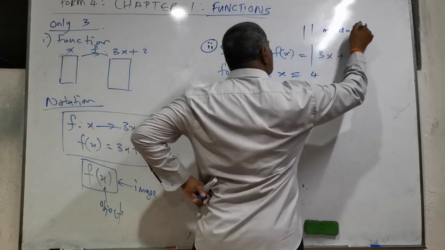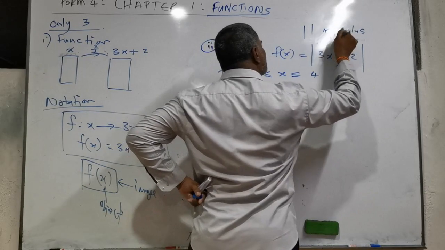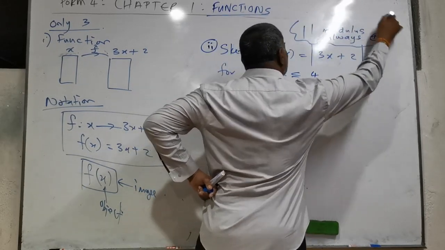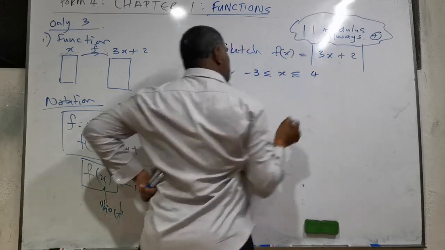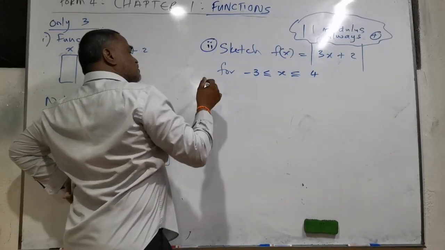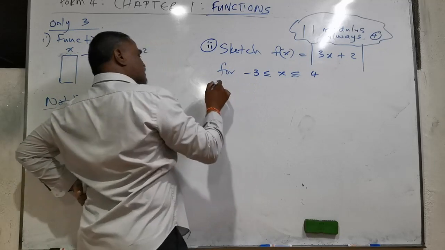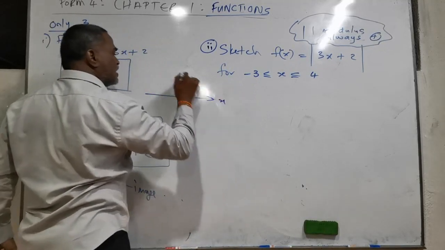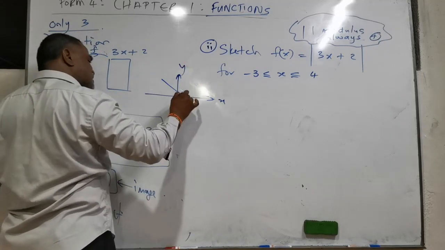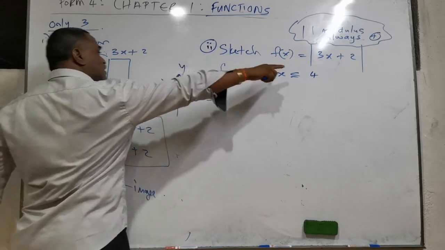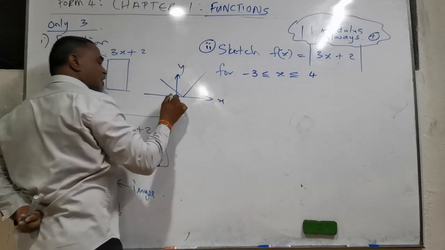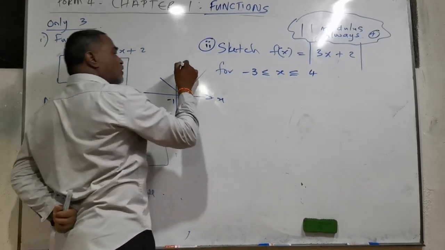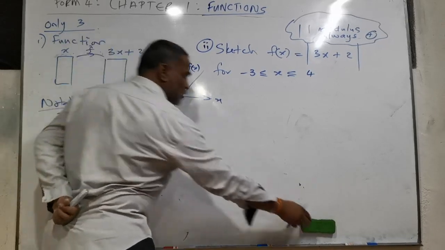What does modulus mean? Modulus means always positive, cannot be negative. So when the question asks for a sketch, always remember the graph won't go down. The graph will touch the x-axis and reflect up, because with the modulus symbol it doesn't go negative.